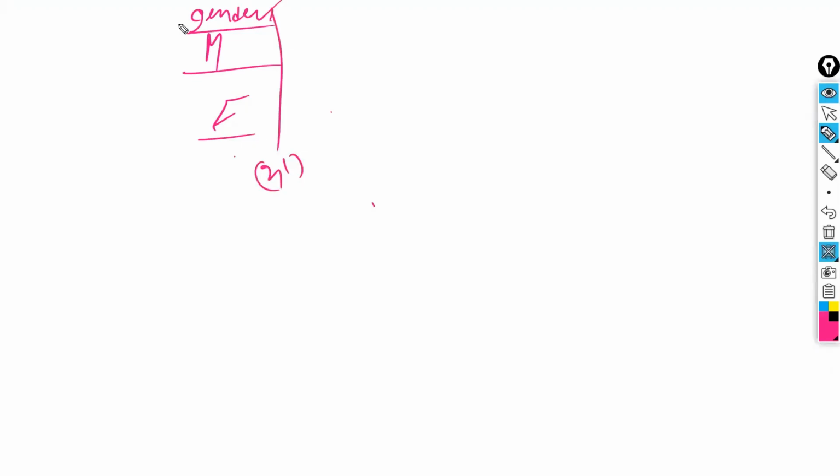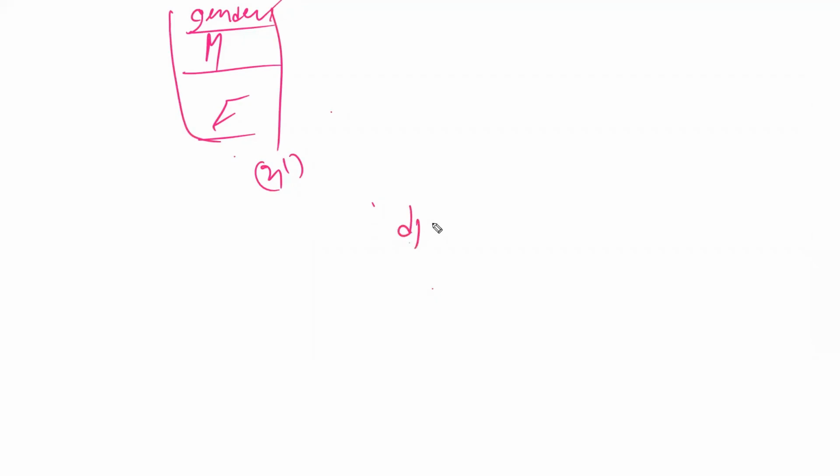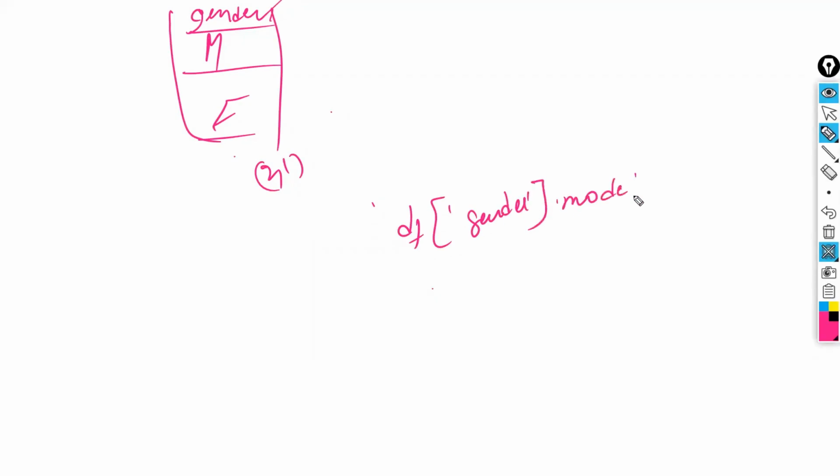This is the data frame. For this data frame, if I select df of gender dot mode, by default it will give female as the answer, because alphabetically F comes first. It goes as per the alphabetical order. Basically, in this data set, there is no mode. In Python, at least one value it has to give, right? So by default, it is going to give female.